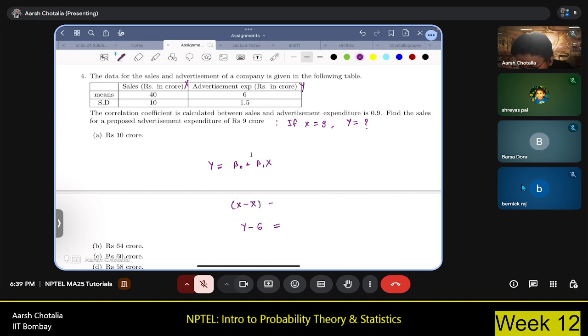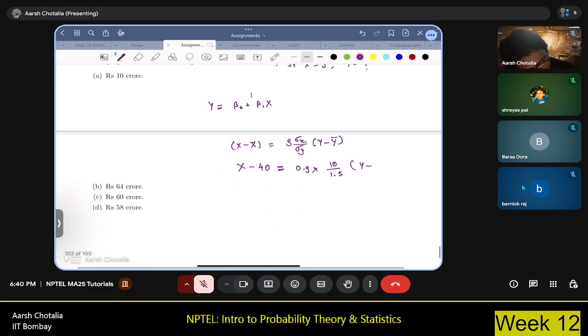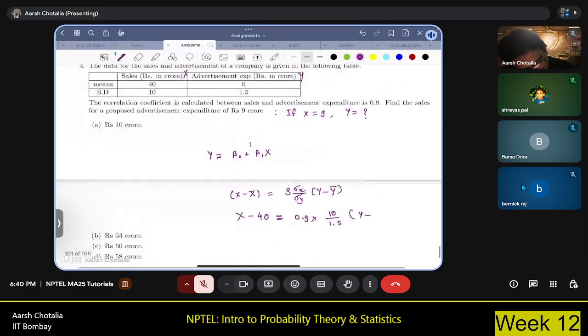X minus x bar is equal to rho times sigma x by sigma y times y minus y bar. So the interpretation of x is correct. X is sales. So x minus 40 is equal to the correlation, which is 0.9, times the ratio of standard deviations, sigma x is 10 and this is 1.5, times y minus y bar, the mean of y, that is given by 6.